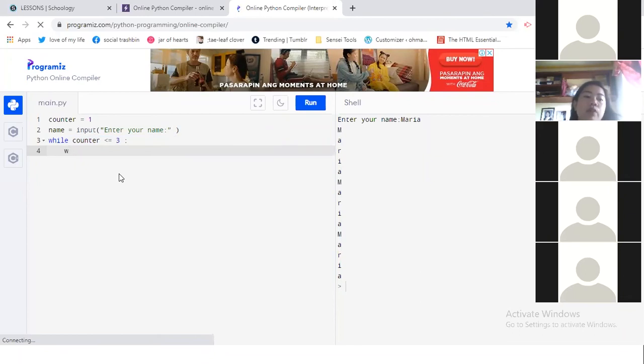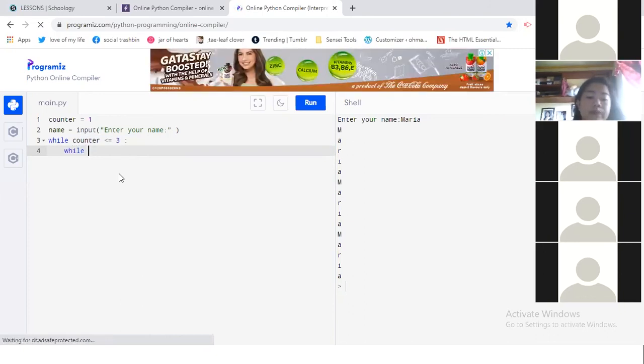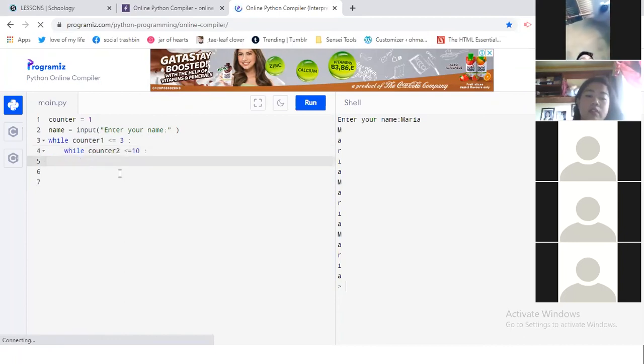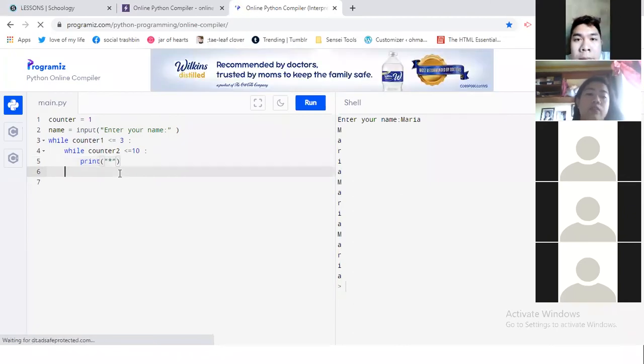Ano ba example? Ayan, while tapos print, familiar dito.